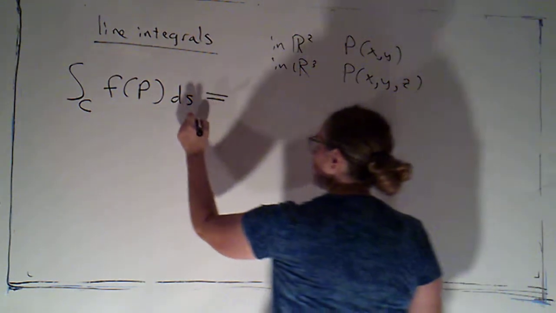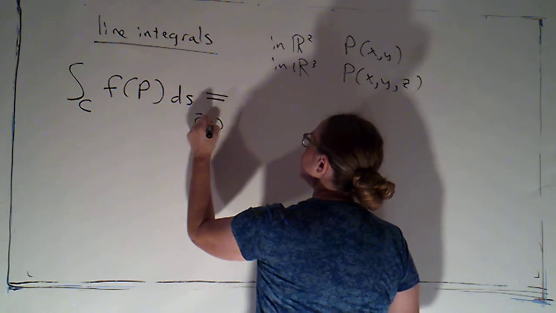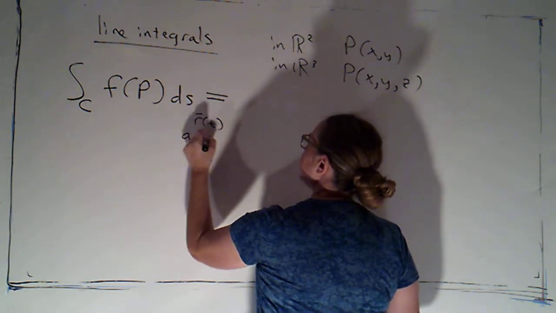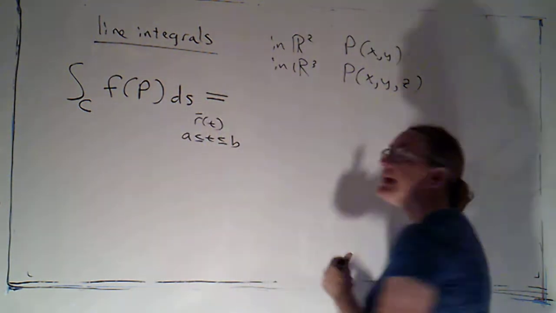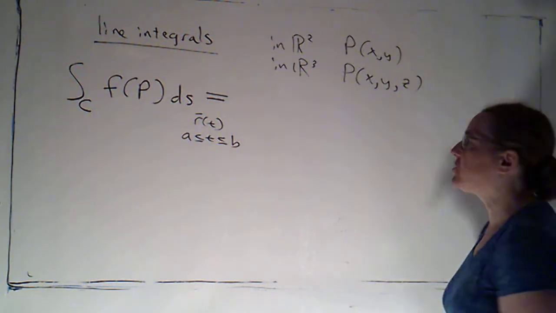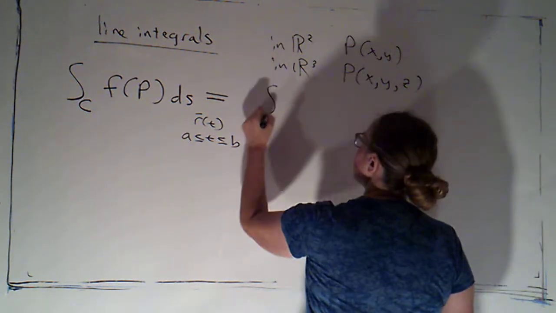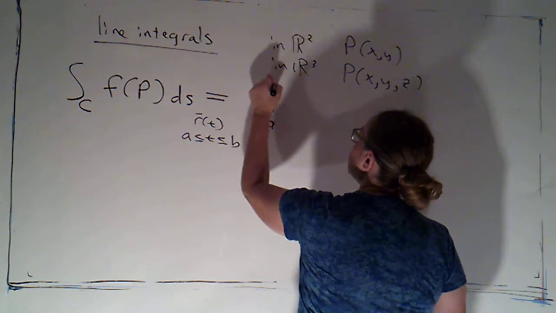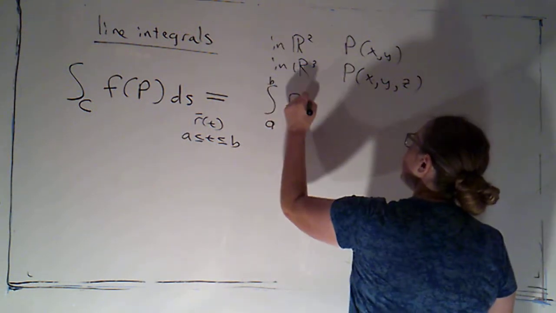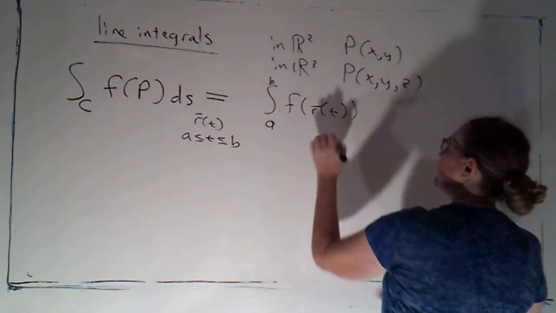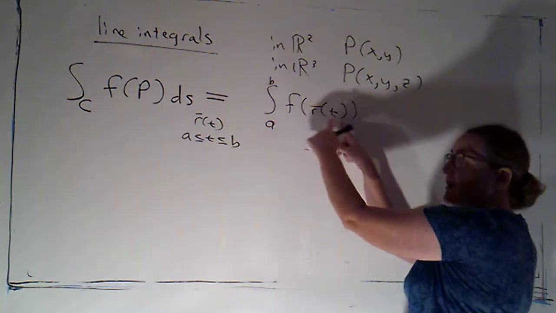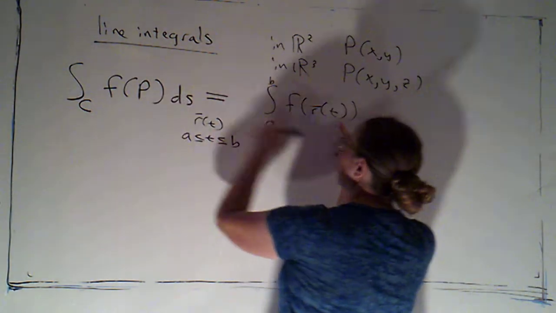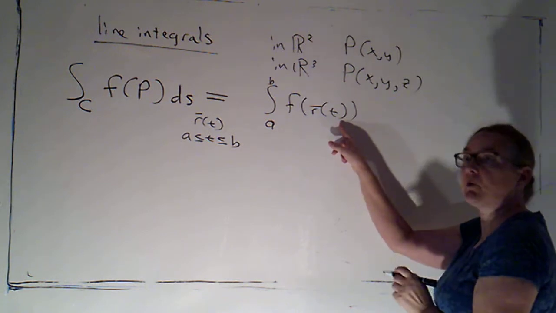When I parameterize it, so if I write it as r of t, where t varies from a to b, now I can describe everything in terms of one variable. And so this becomes the integral from a to b of f of r of t. That's just using this function composition to express points on the curve in terms of that one parameter.